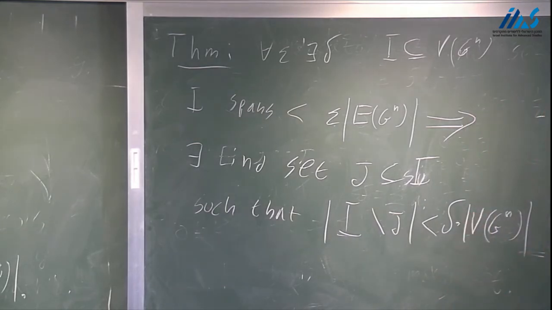Okay, so what does this say? This says that if you have a sparse set that spans few edges, you can remove a small number of vertices and get a truly independent set.